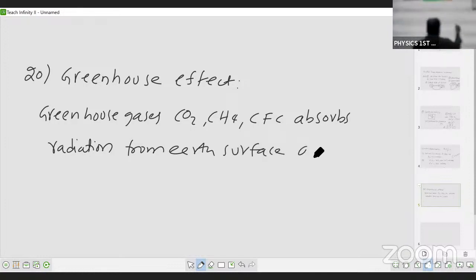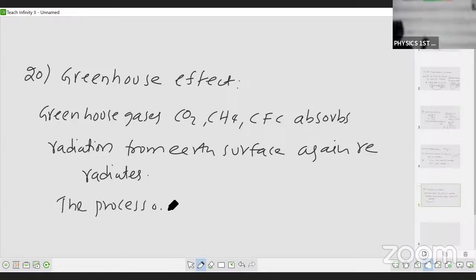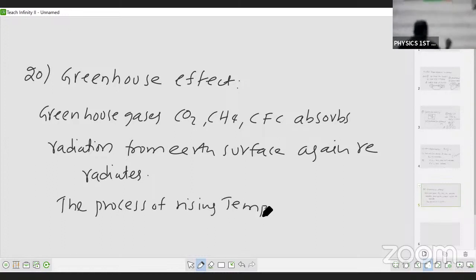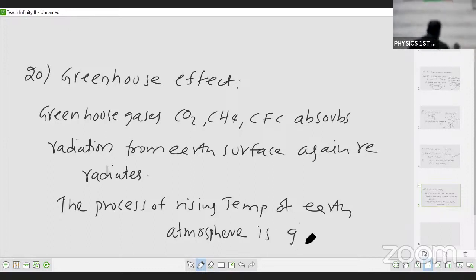Again they re-radiate. The process of rising temperature of the Earth's atmosphere is global warming.